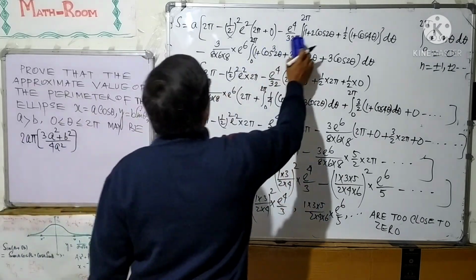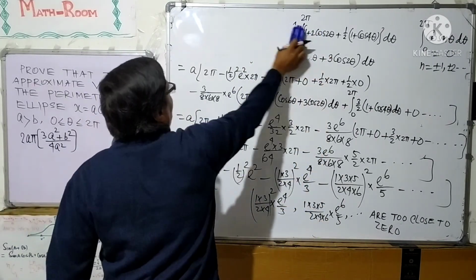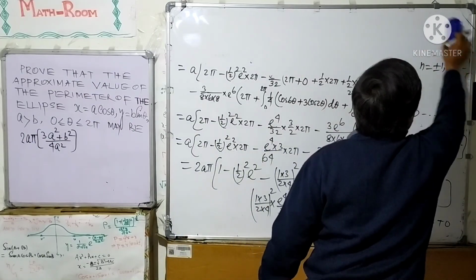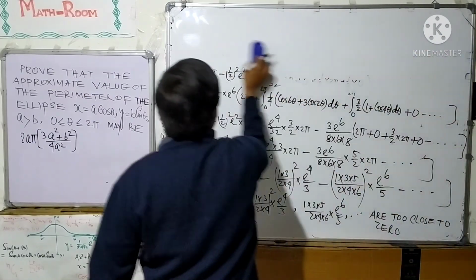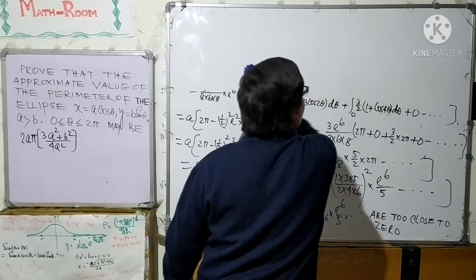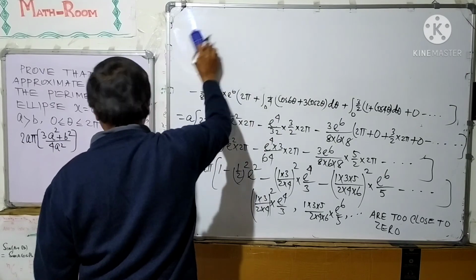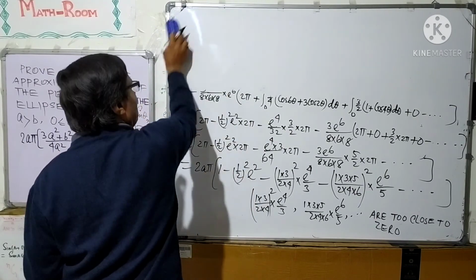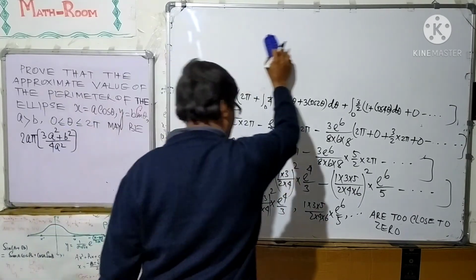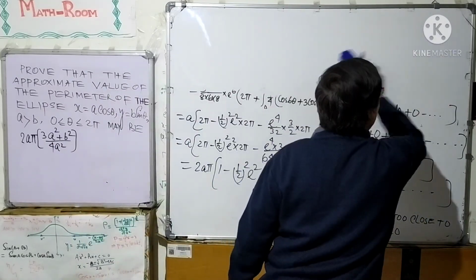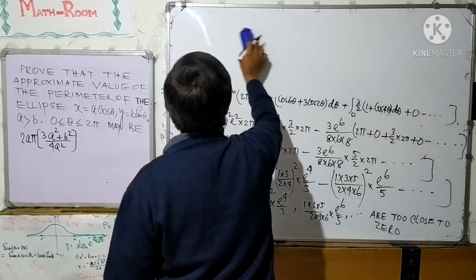So these values are too close to 0, very small quantities, approximately 0.